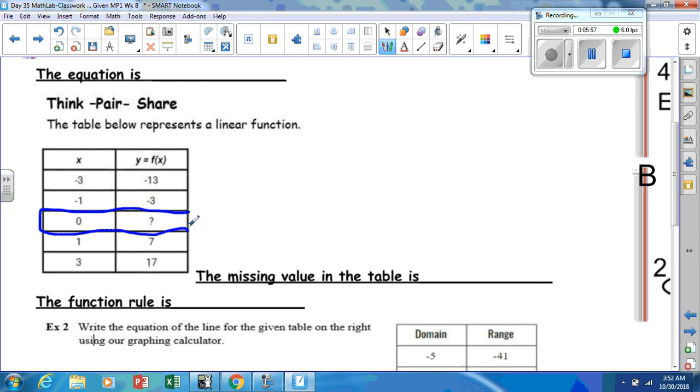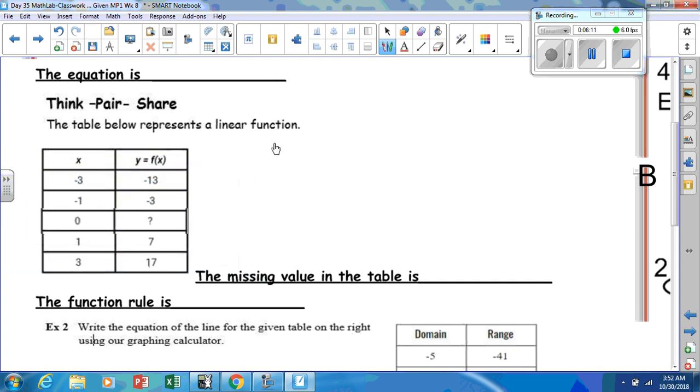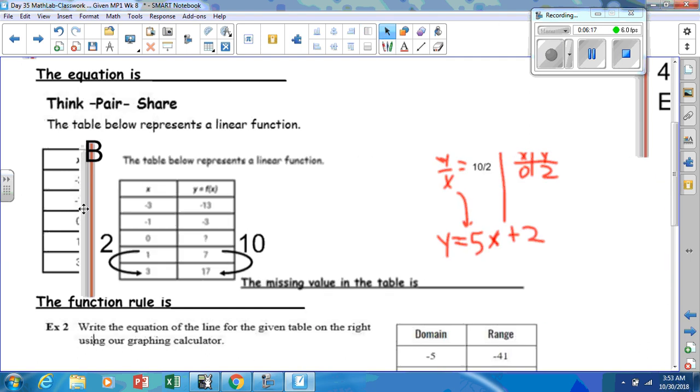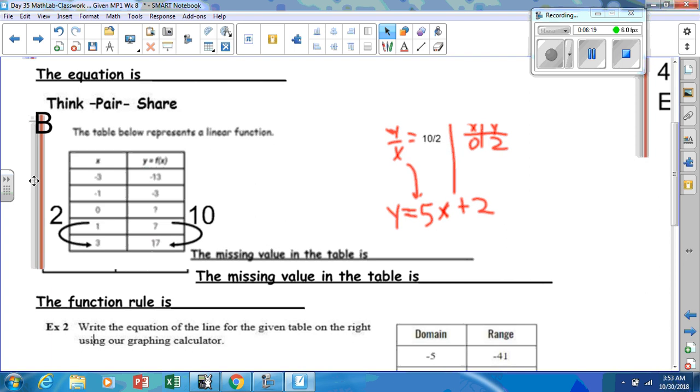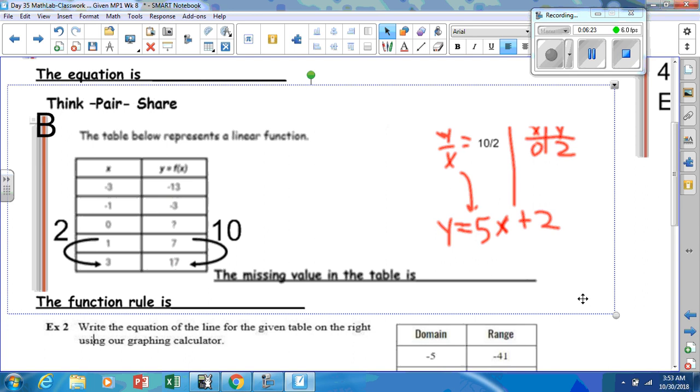What I propose is this. Consider the change of my x value and the change of my y value and just divide them. If I go from 1 to 3, that's a change of 2. 7 to 17, that's a change of 10. 10 divided by 2, the rate of change is 5.